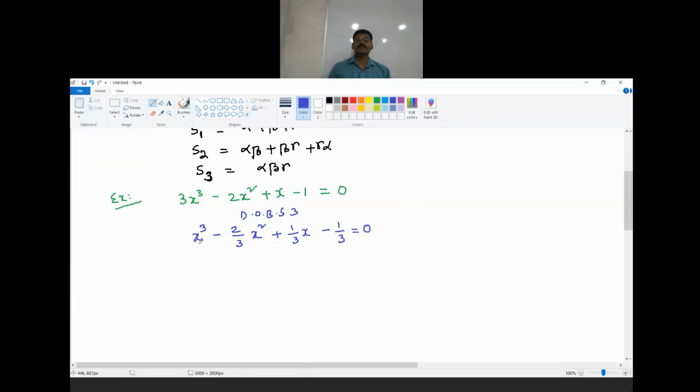Now verify the signs. In standard form, we should have alternate signs. You see here plus, minus, plus, minus. Yes, the given equation itself has alternate signs, so now we can proceed. Suppose alpha, beta, gamma are the roots of the above equation.